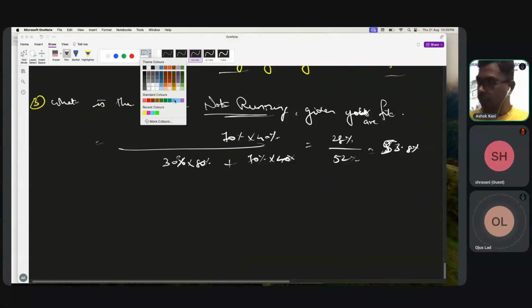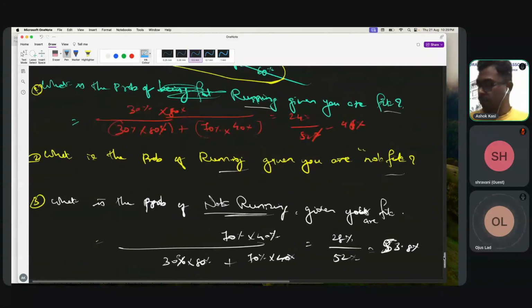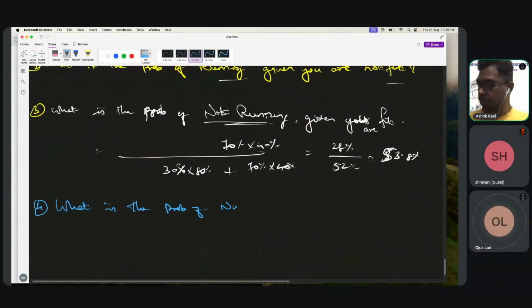The next one. What is the probability of not running given you are unfit?